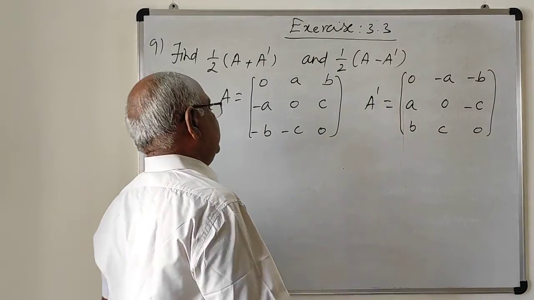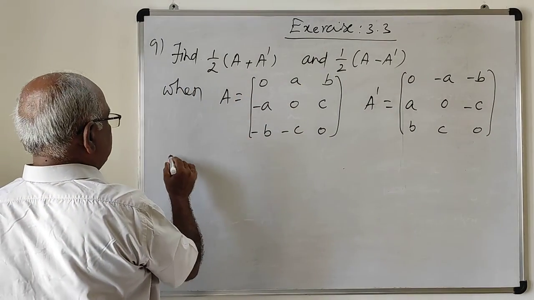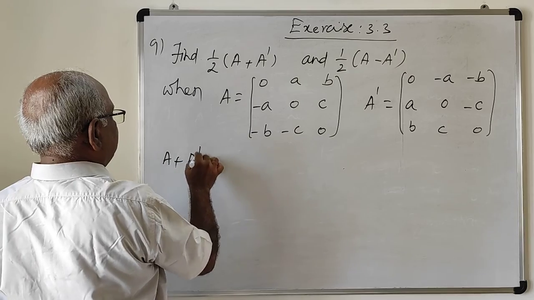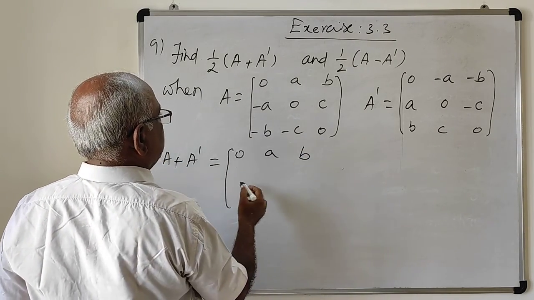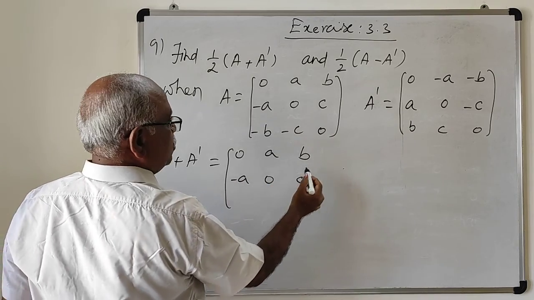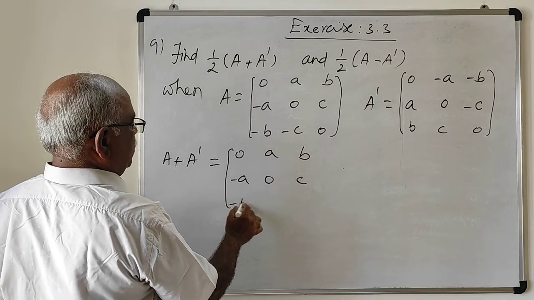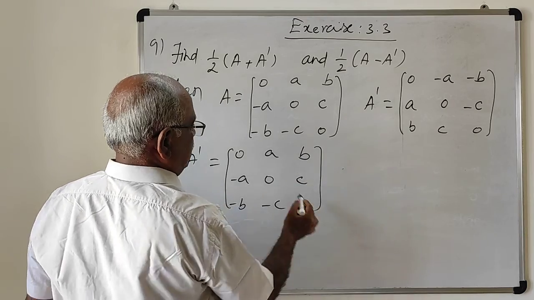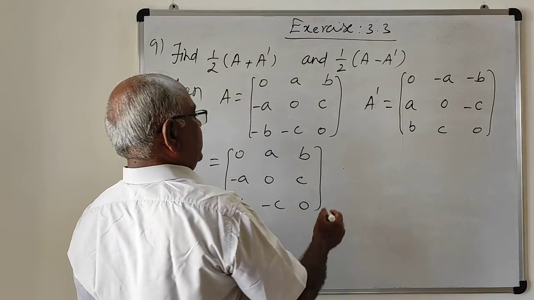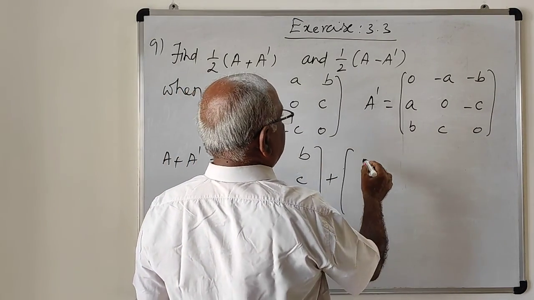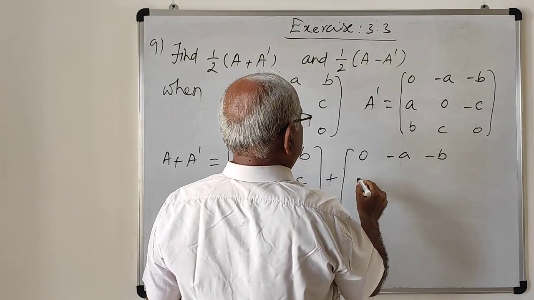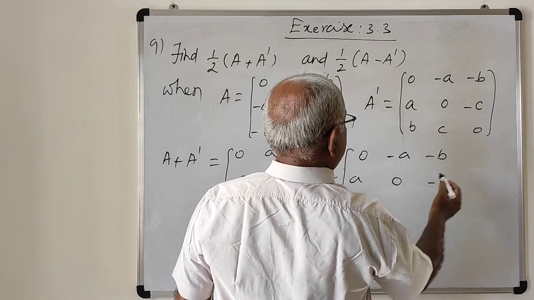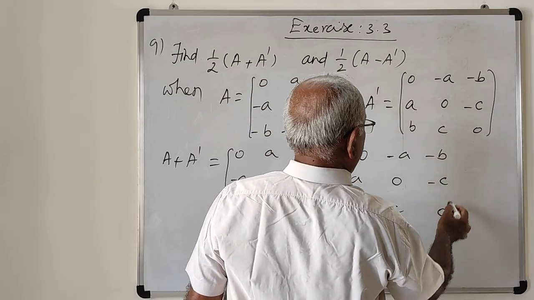This is A dash. Our first condition is A plus A dash: A is 0 a b, minus a 0 c, minus b minus c 0, and A dash is 0 minus a minus b, a 0 minus c, b c 0.